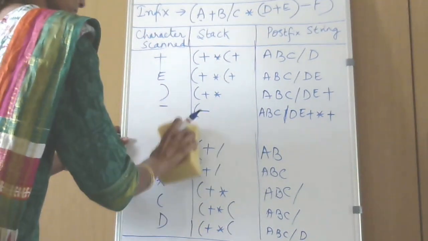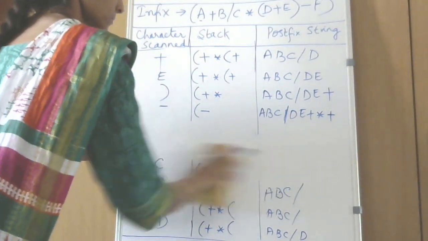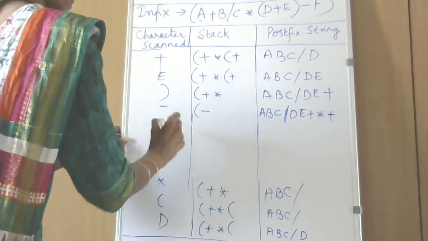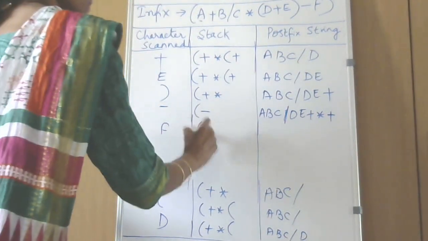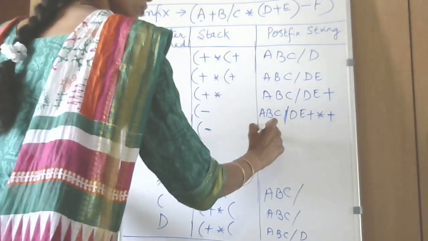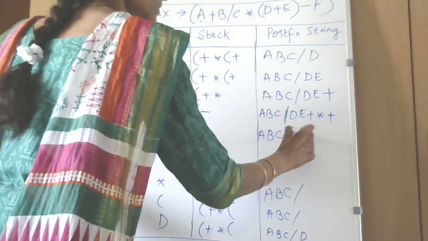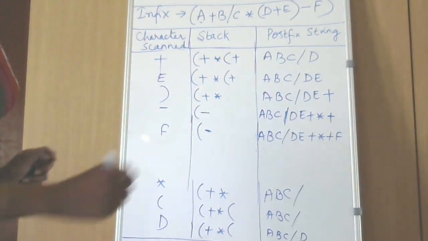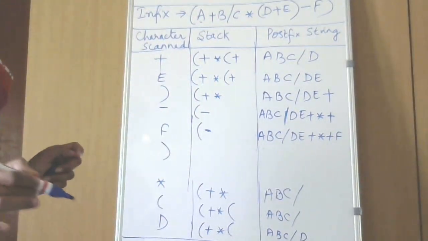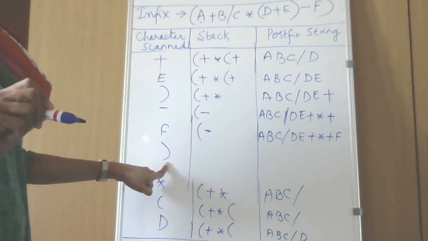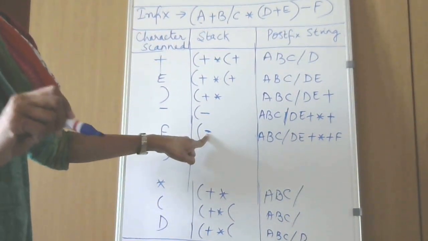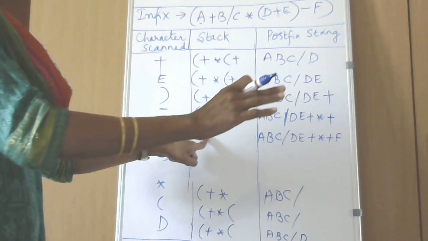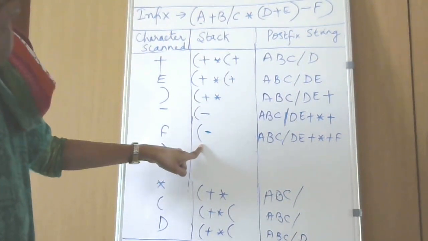Next I have F. Since it is F, I will simply put it onto the string: ABC slash D E plus star plus F. Okay. Next we have a closing braces. Whenever we encounter a closing braces, whatever is there in the stack should be popped out and added onto the postfix string until we encounter an opening braces.